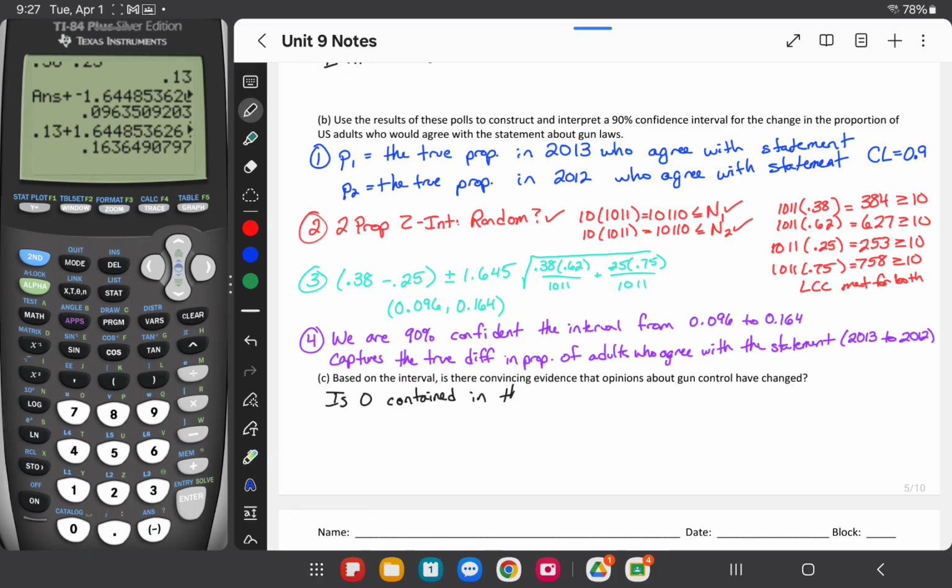Because if it is, then there is that chance that they haven't changed, that maybe the difference is just due to slight variation. But if 0 is not within the interval, then the answer is going to be yes, opinions have changed. So yes, opinions have most likely changed because 0 is not in our interval.